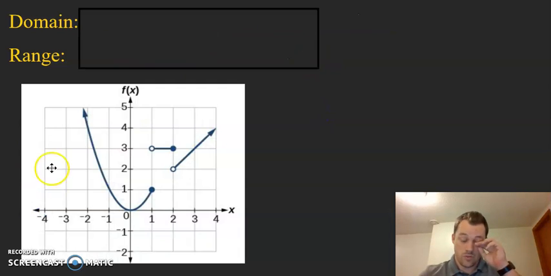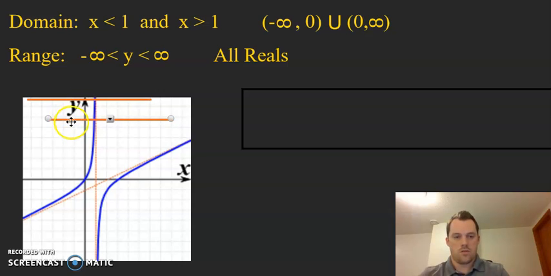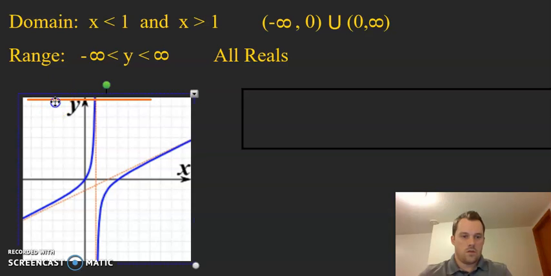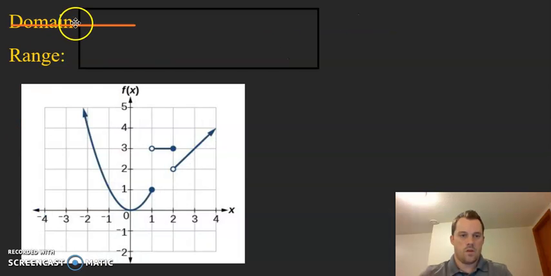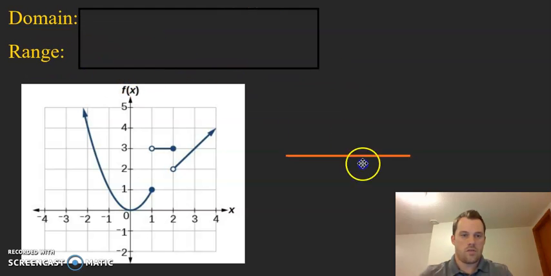For this next example, we've got a piecewise function, so we have to consider all components. So our domain, remember as we go to the left, let me get my line here. Okay, so our line, oh man, the mouse is not working right now.